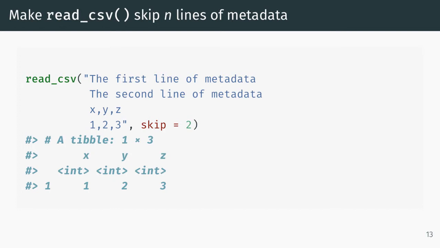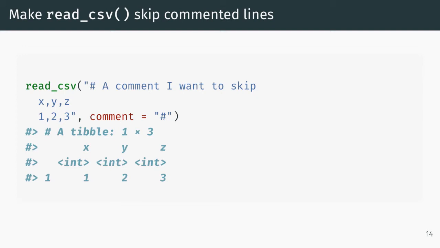If you're using inline tables, you can include metadata in the specification and then skip over it. So it's a way of documenting the data. And you could also skip comment lines.